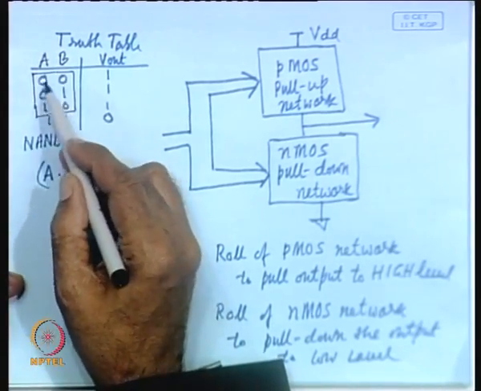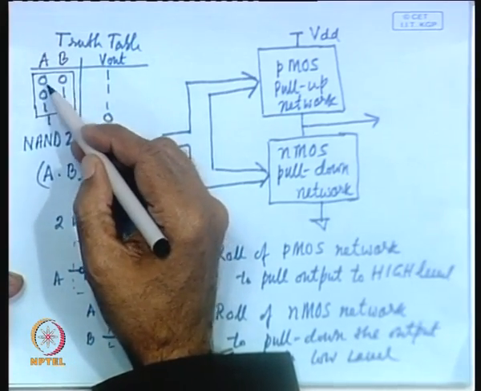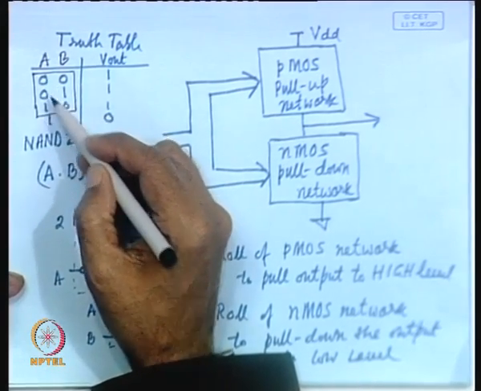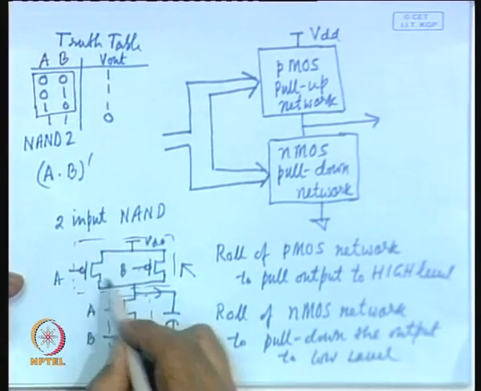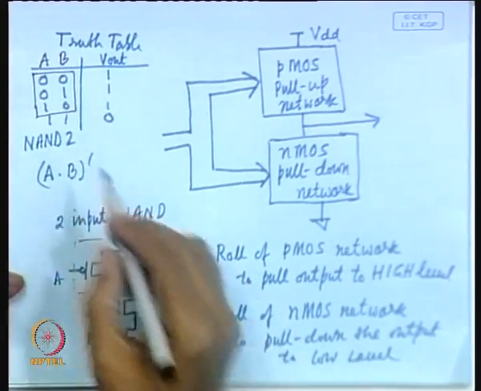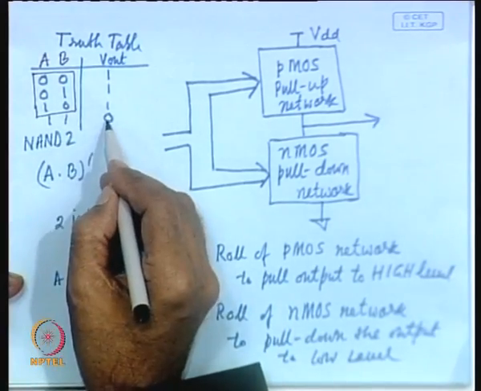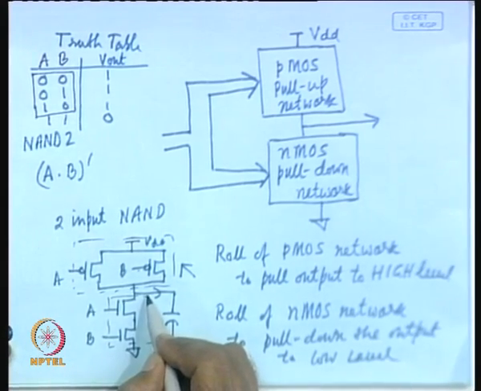And in fact, you can realize based on that. If you simplify this, if we combine these two, you will get A bar and here you will get B bar. So, essentially you are applying A bar and B bar and you are realizing this part of the network. Similarly, for 1, 1 output will be 0. As you can see, 1, 1 means you will require 2 transistors in series, and whenever both of them are 1, output will be 0.